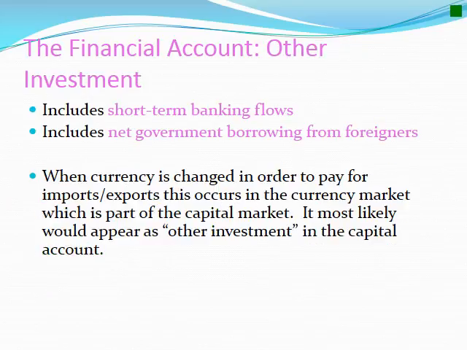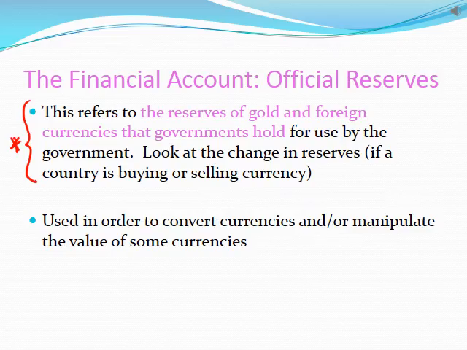Other investment. This can be the short-term banking flows, putting money in foreign bank accounts, but it also could include net government borrowing from foreigners. And official reserves. Official reserves can be gold and foreign currencies that governments hold for use by the government.